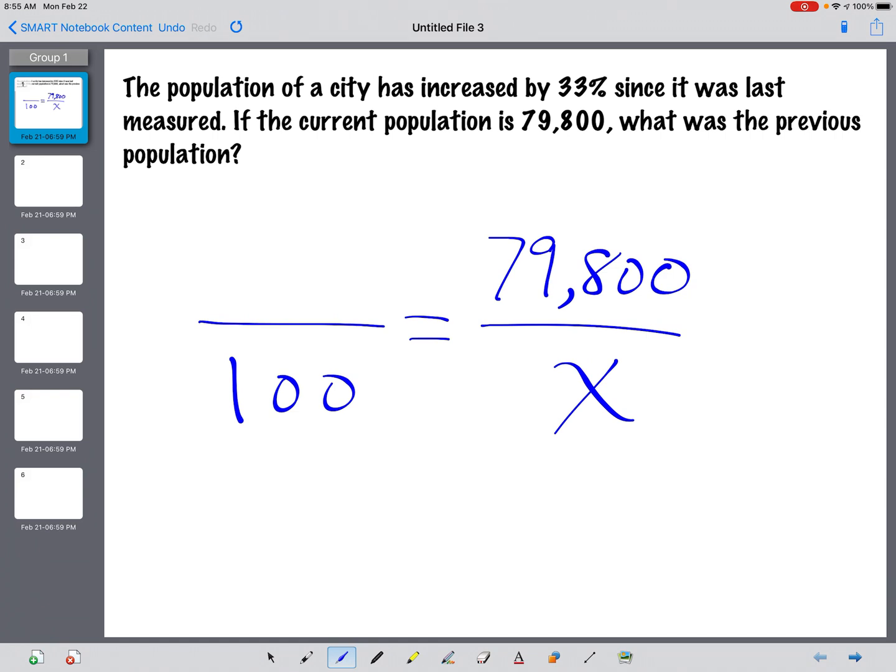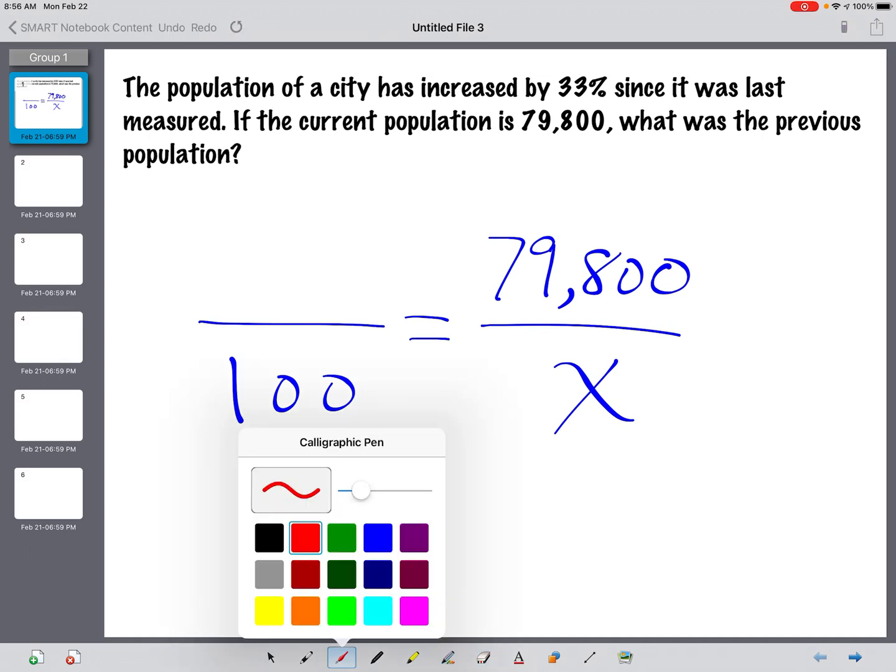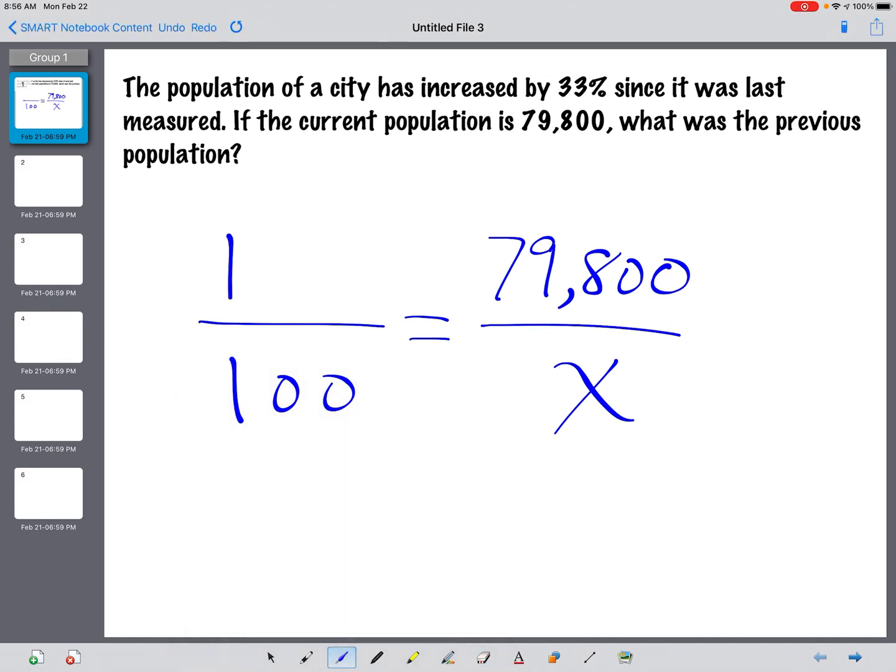that number. And consider the fact that this number is actually 33% more than the previous year. And we're using 100% to represent the previous year. So that means that we're going to need to equate the percentage to 133%.